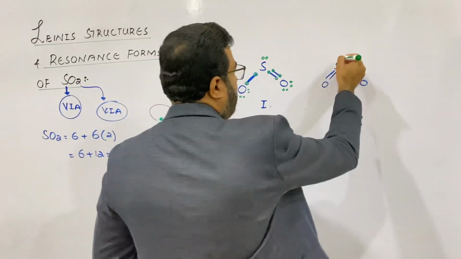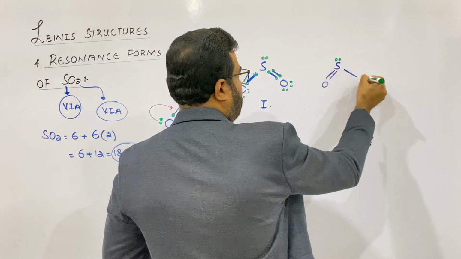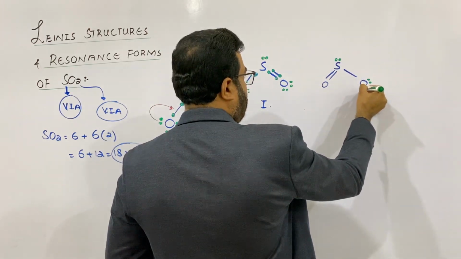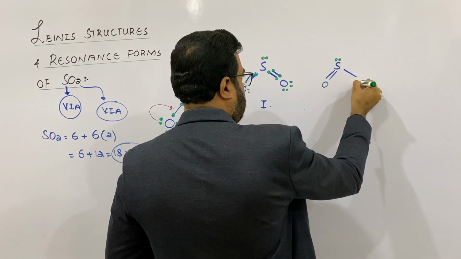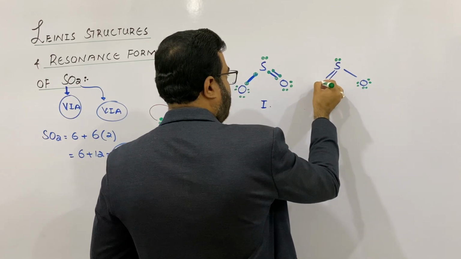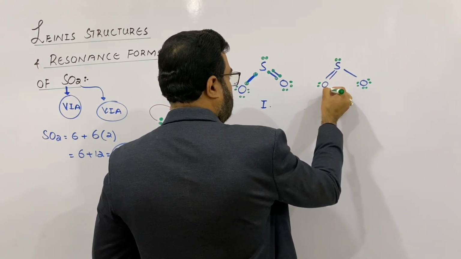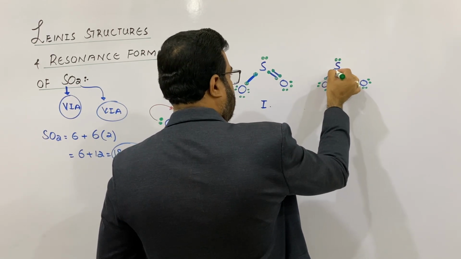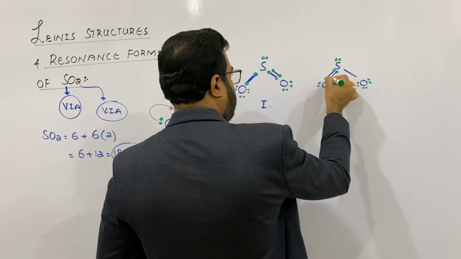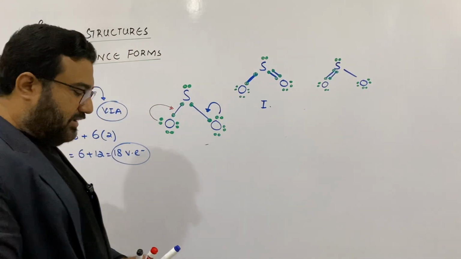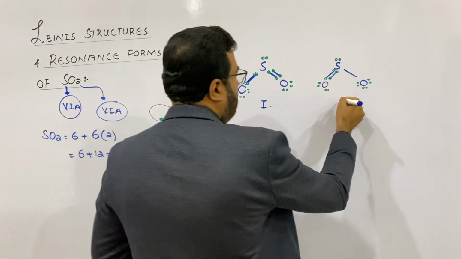And now there will be one lone pair on sulfur. This oxygen will be having 3 lone pair of electrons, and this oxygen will be having 2 lone pair of electrons, and in this way the octet of all atoms is completed. Now this one is the structure 2.